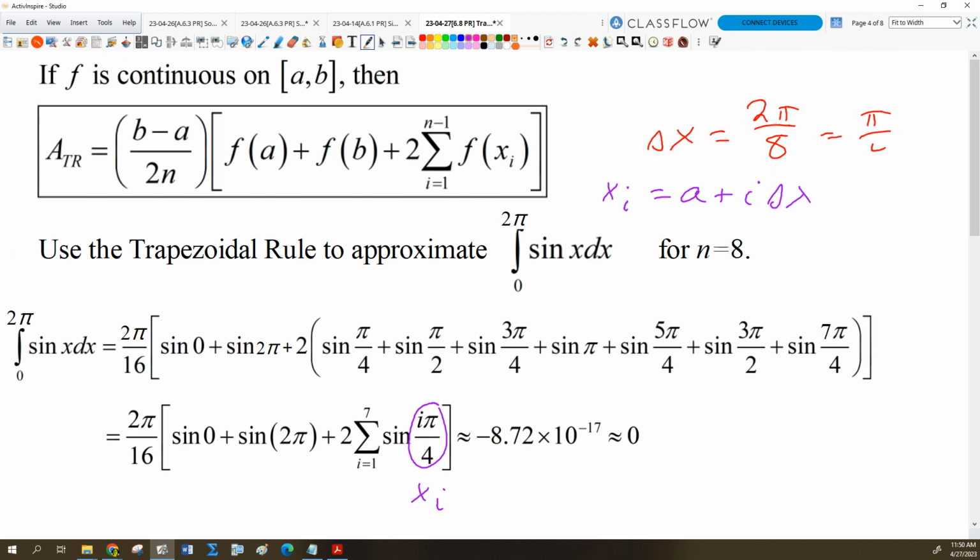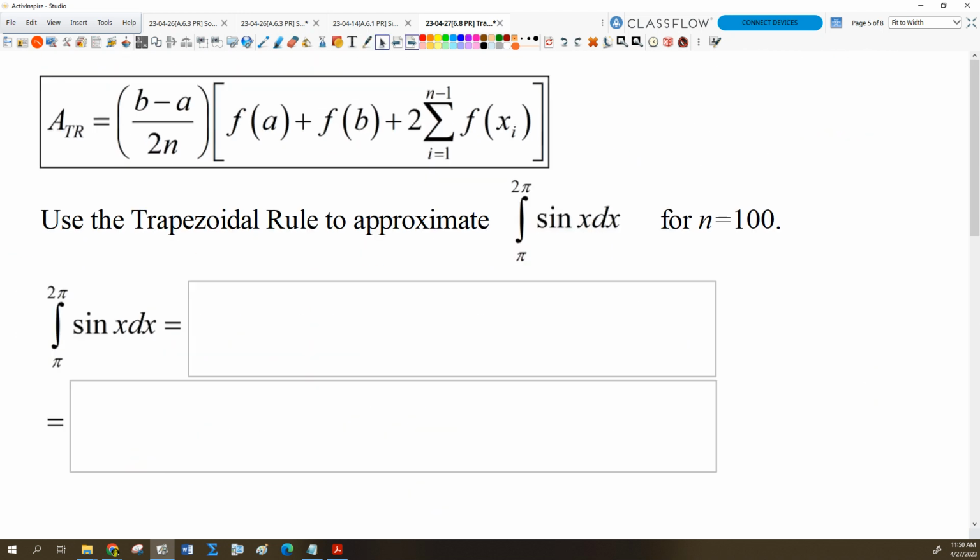Okay, but what happens if I want to add up a really big number of trapezoids, like 100? Then I definitely want to use my sigma definition, right? So this is slightly different this time. This time we get A is pi, B is 2 pi, N is 100.